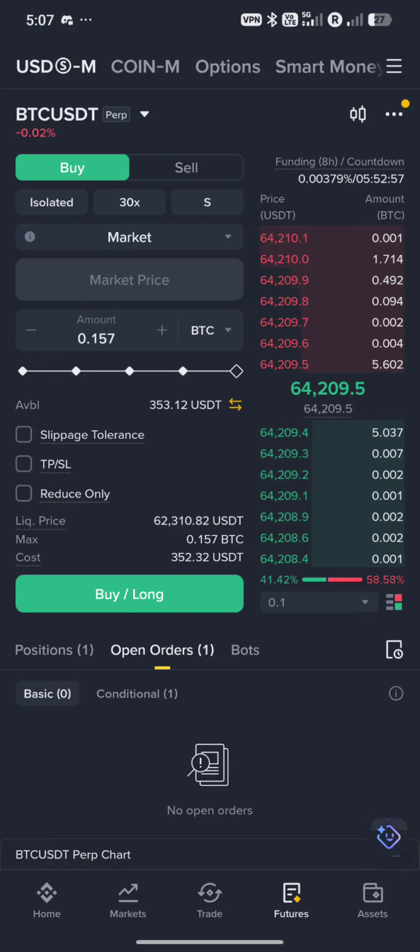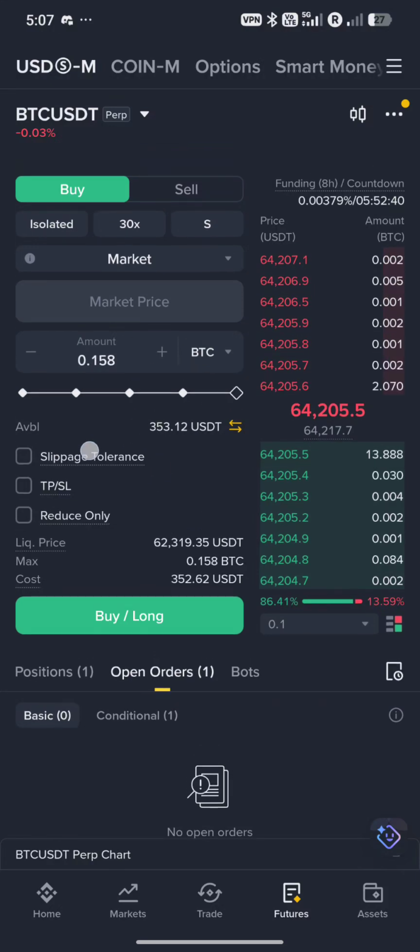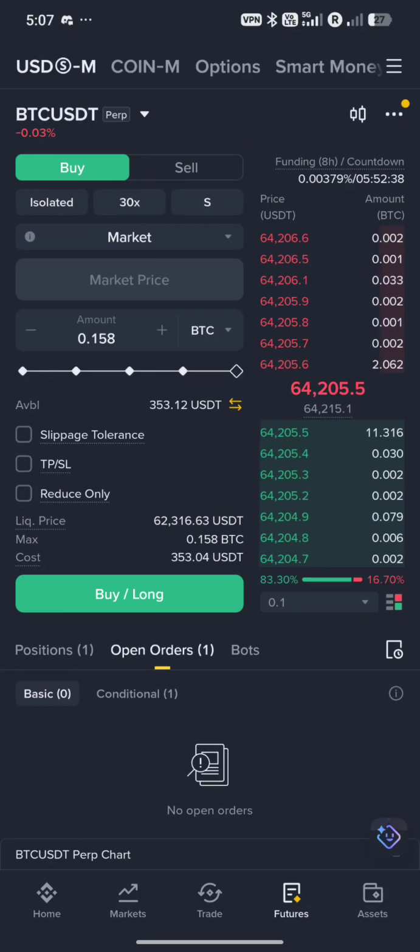Instantly, it's going to execute that trade and buy it at the current market price. Do you understand? So that's what's going to happen. It's going to buy at the current market price.